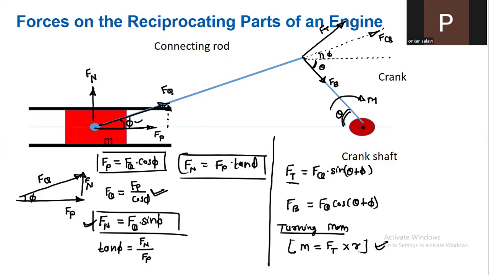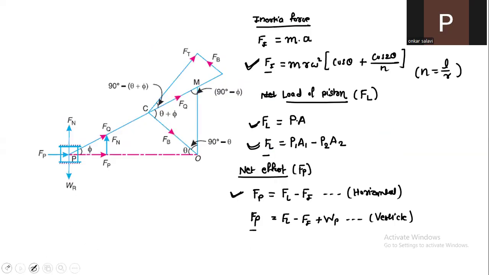One for Fp, Fn, next is Ft, then turning moment, then force on the crankshaft bearing, that is Fb. And the basic formula from which we can determine this Fp is Fl minus Fi. Fl is the load, so it is P1A1 minus P2A2, or just P into A. Okay. And Fi is the inertia force. So this is the formula for inertia force.